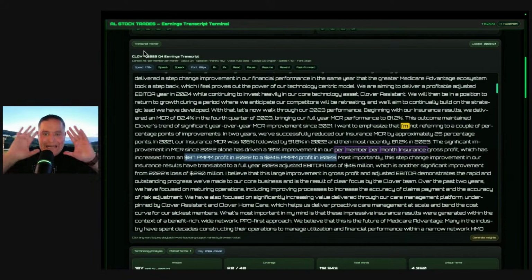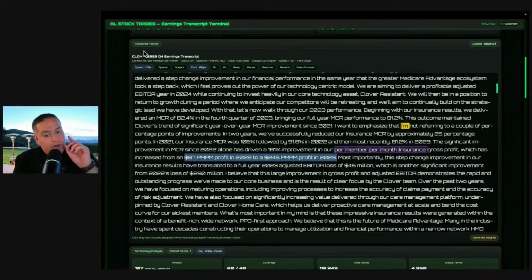I need you to focus. This is why this software is very important. It allows you to really get in there. Okay. So in 2023 Q4, basically reporting in 2024, right? This was in Q4 2023, which was reported in February this year, right?